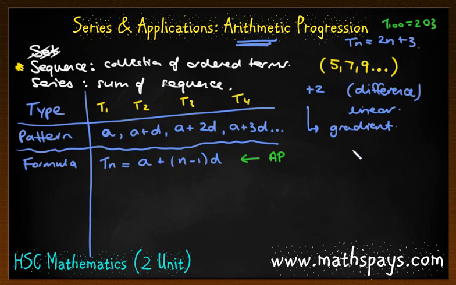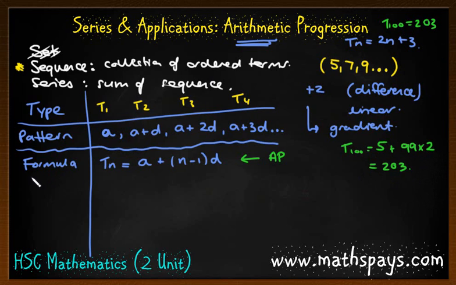If I use this one, T100 is 5 plus 99 lots of the difference, which we said was 2. That makes 198 plus 5, which is 203. It works out the same, it's just a different way of doing it, but it will make more sense to us as we go through, particularly when we get to our geometrics and certainly our sums.